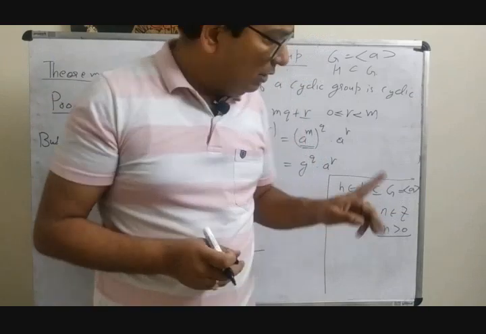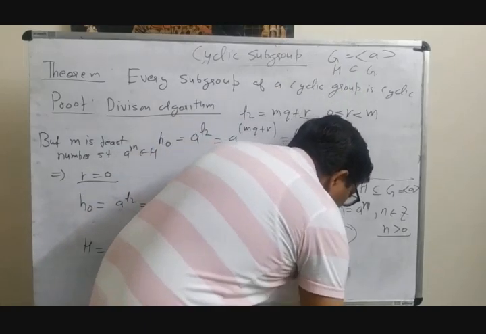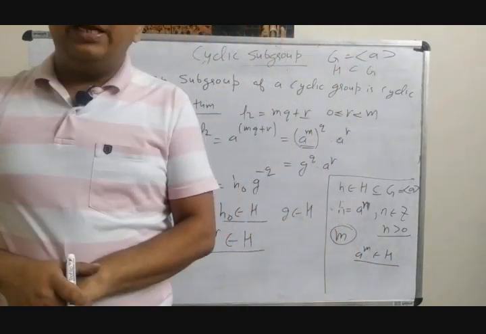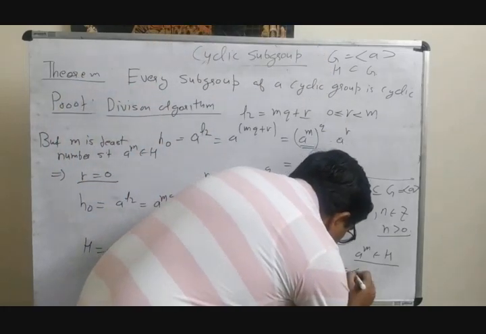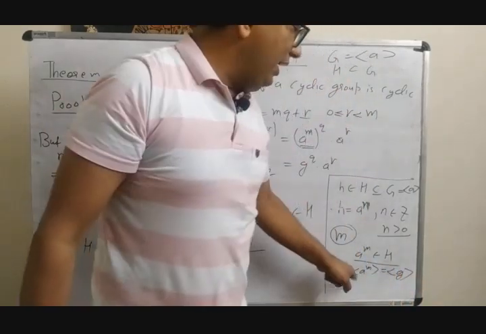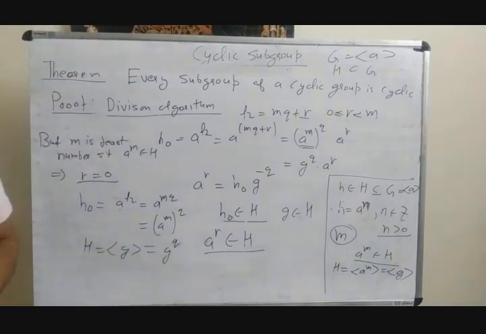Now the well ordering principle says we get a smallest positive integer M such that A raised to power M belongs to H. Now we claim that this H is generated by A raised to power M, or you could say if A raised to power M is equal to G, then this H is generated by G.